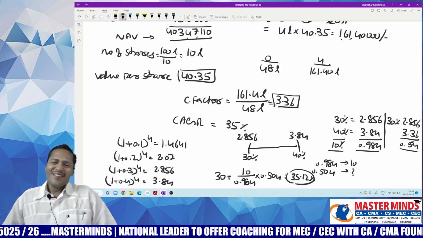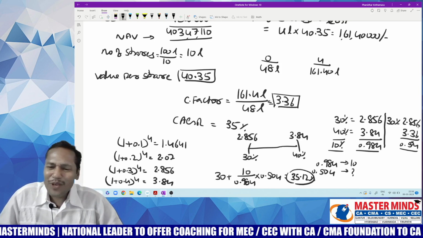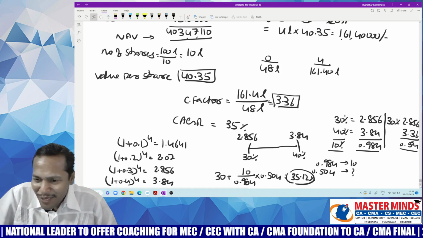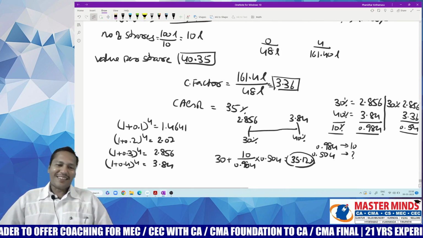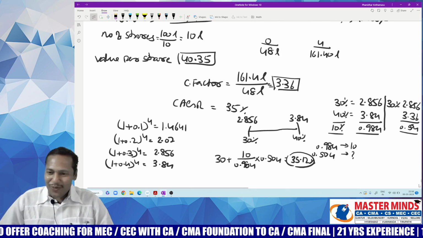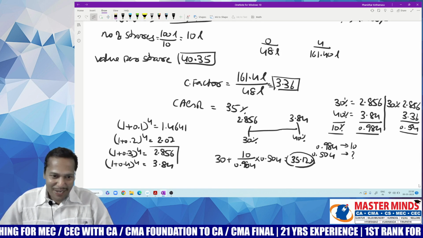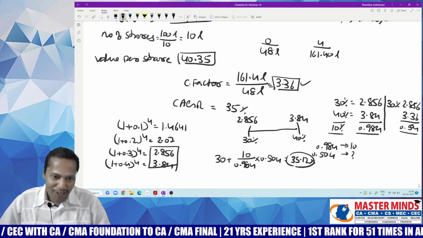This is based on the interpolation method, or you can call it the trial and error method. Starting with 10% we started, 20% we moved on, then 30%, then 40%. The desired value 3.36 is lying between 30 and 40%.